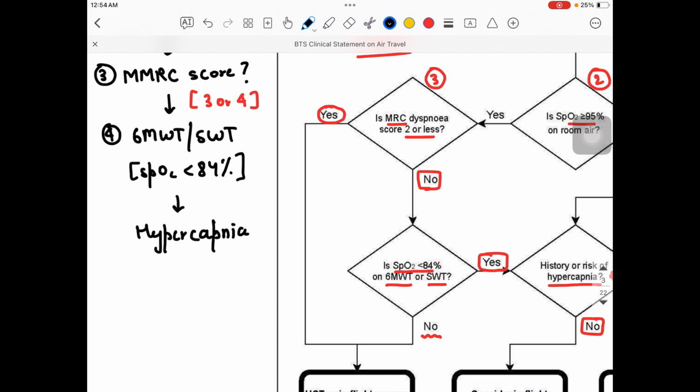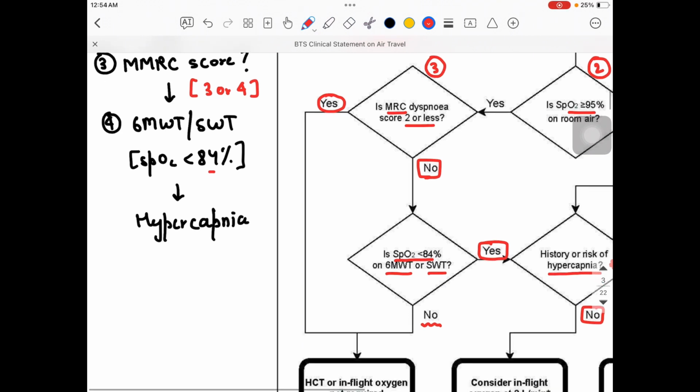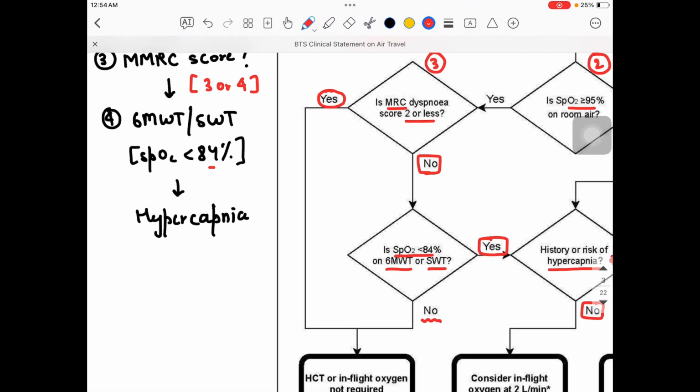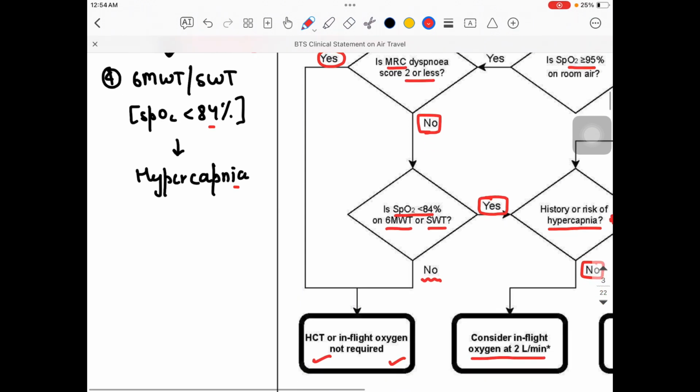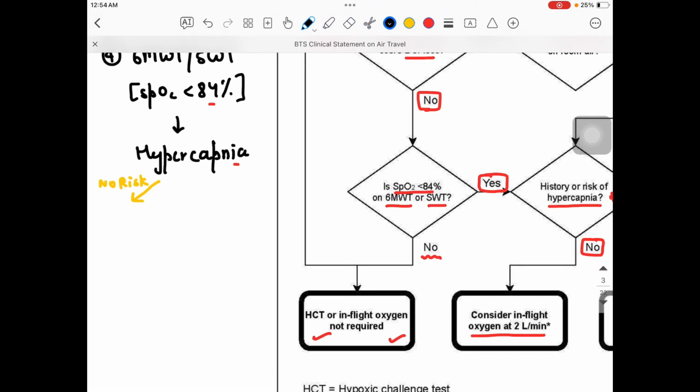If in the 6-minute walk test or shuttle walk test the saturation levels are more than 84%, the person is safe for boarding the flight. If it is lesser than 84%, then we need to ask about hypercapnia. If the patient has no risk of hypercapnia, the patient should be allowed oxygen in the flight at 2 liters per minute.